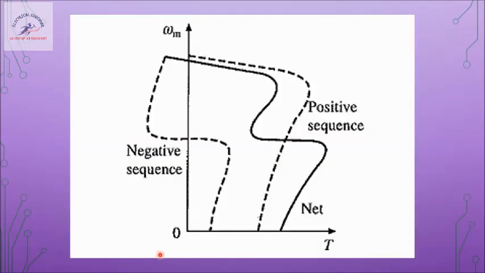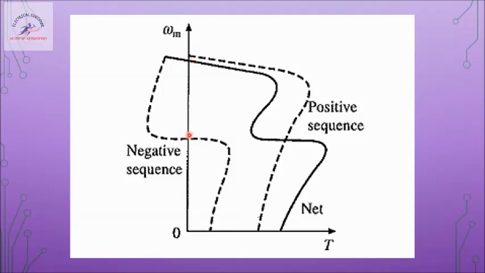So let us see the torque-slip characteristic, or speed-torque characteristic. Here speed is taken on the y-axis like our usual characteristics, and slip will increase along the axis. For slip 0 to 0.5, we see that the negative sequence torque is negative and the positive sequence torque is positive, thus the net torque is like this.